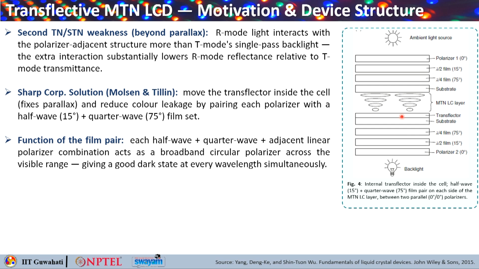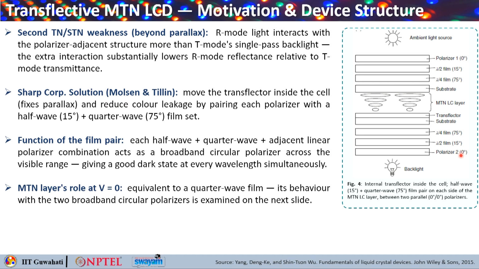This is the internal transreflector placed within the cell, and this half-wave at 15 degrees plus the quarter-wave at 75 degrees, this film pair is placed on each side of this mixed-mode twisted nematic cell, between two parallel polarizers here. You see these two polarizers are not crossed, they are parallel ones.